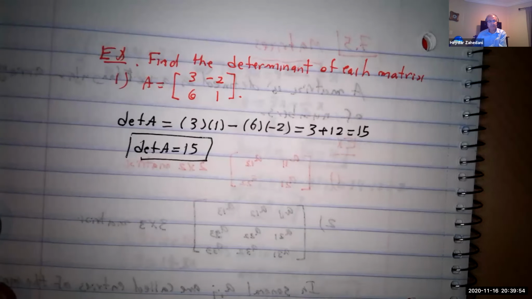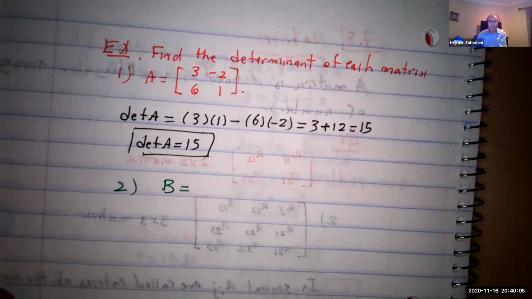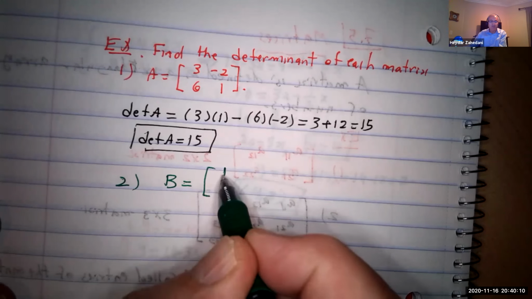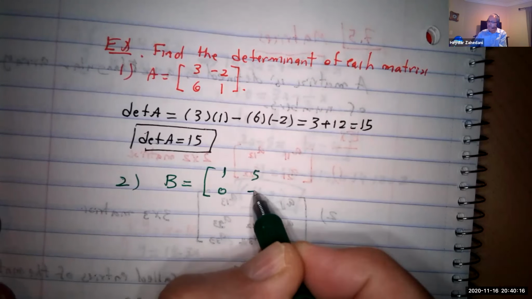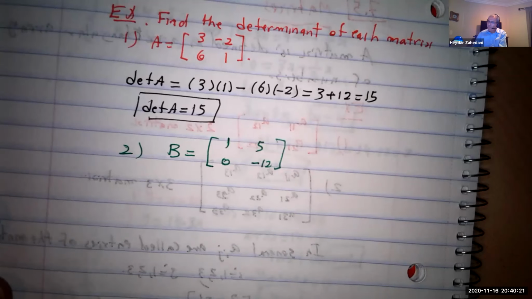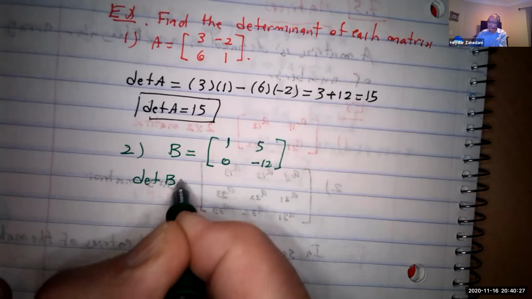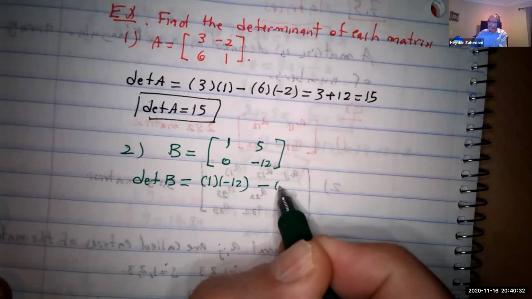Any question? So that's the determinant of a 2 by 2 matrix. Let me give you another example. B is equal to 1, 5, and then a 0 and a negative 12. So the determinant of B is equal to 1 times negative 12 minus 0 times 5.